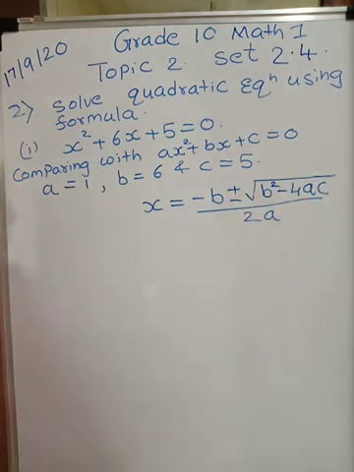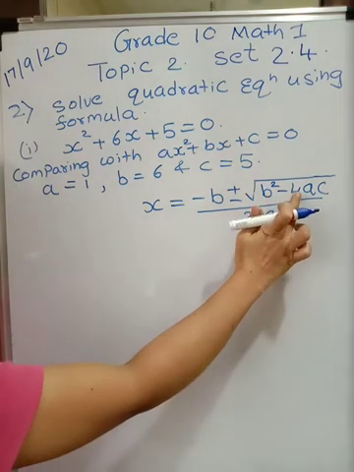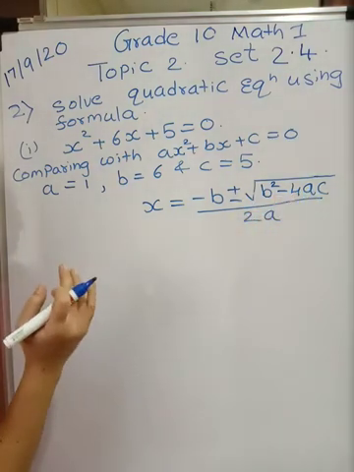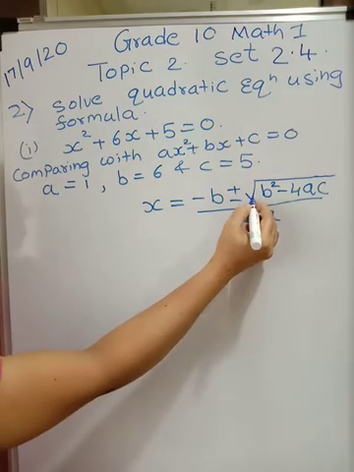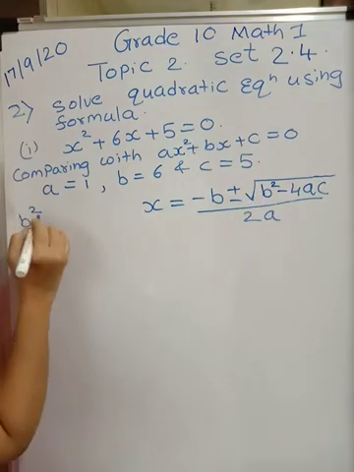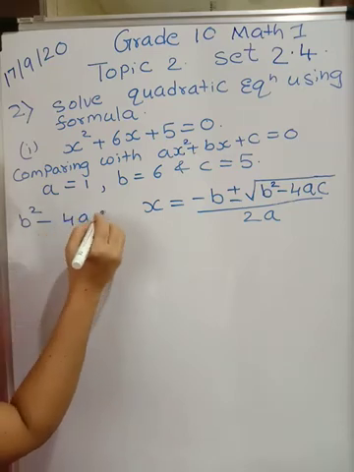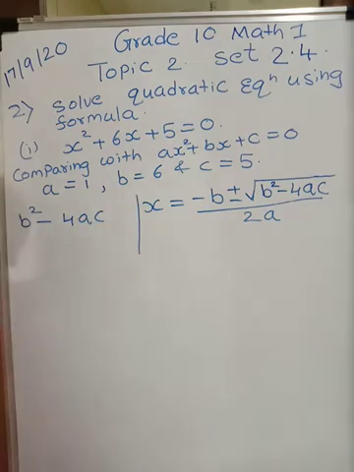What I am going to do is first find b square minus 4ac. So we will solve the problem in parts and then assemble it together. Let us first find the value of b square minus 4ac.